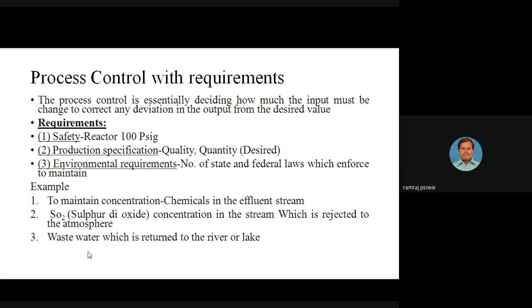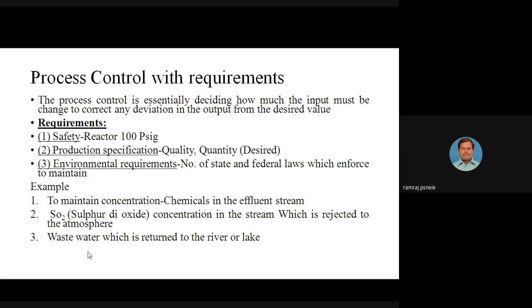Third one is environmental requirements. A number of state and federal laws enforce limits. For example, to maintain concentrations of chemicals in the effluent stream. Second one is sulfur dioxide concentration in the steam which is rejected to the atmosphere.